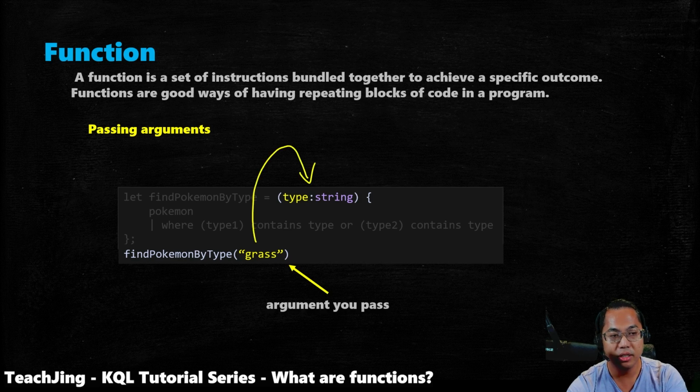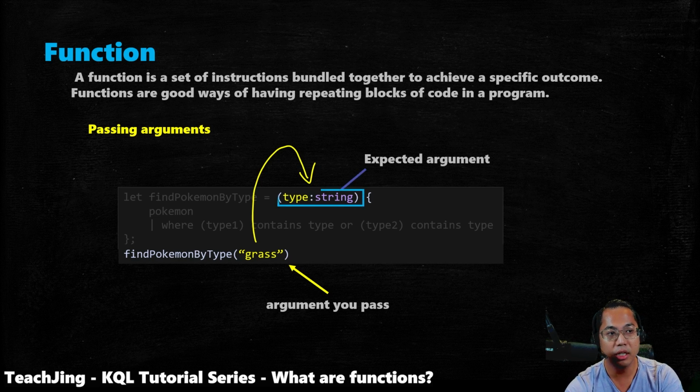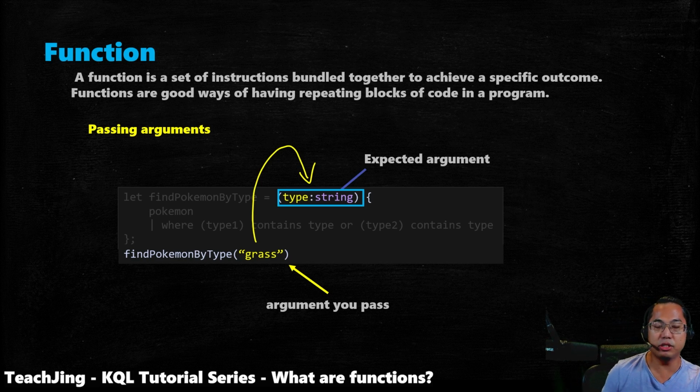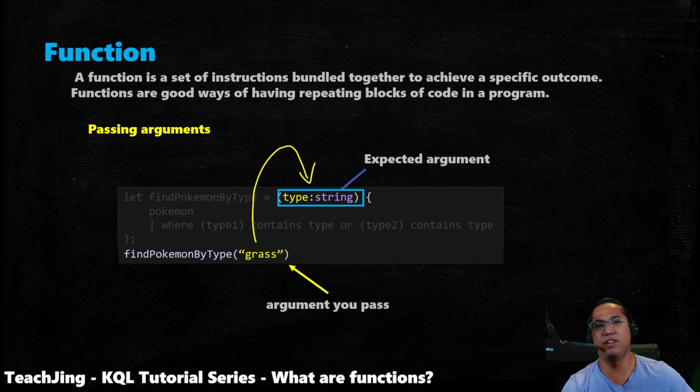And how does that work? Well, you're going to pass an argument, okay? You're going to pass something that it is expecting, and you can pass multiple strings or arguments. It's expecting the type to be a string, right? So it's expecting that I'm going to see the Pokemon type. Is it going to be a string? So it'd be grass or fire or water Pokemon.